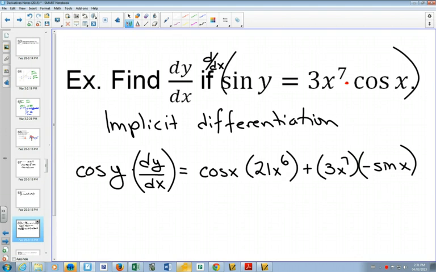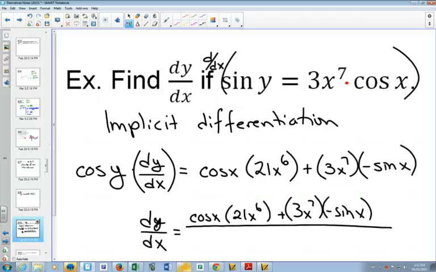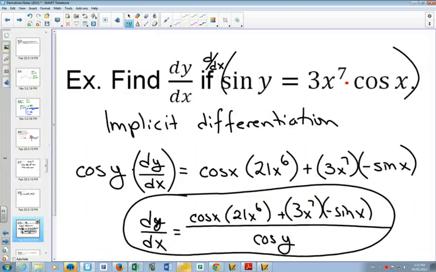And now finally, if I wanted to get dy dx all by itself, all I'd have to do is divide by cos of y. And we get the derivative.